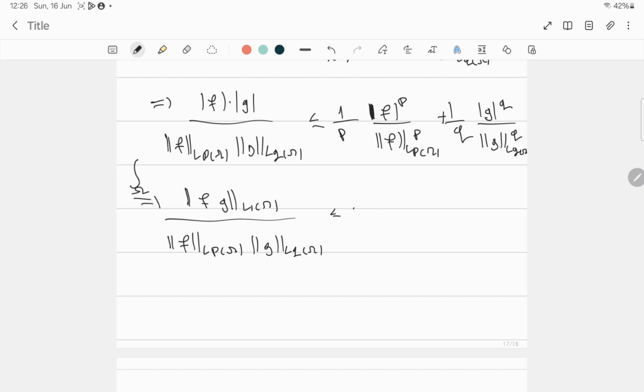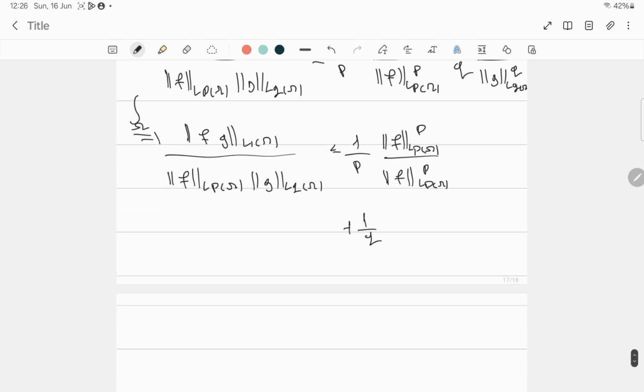And at the right we have 1 over p, in the numerator the LP norm of f to the power of p over the norm of f in LP to the power of p, plus 1 over q, the LQ norm of g to the power of q over the LQ norm of g to the power of q.